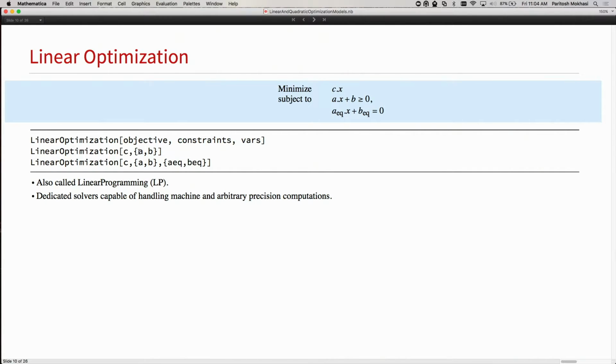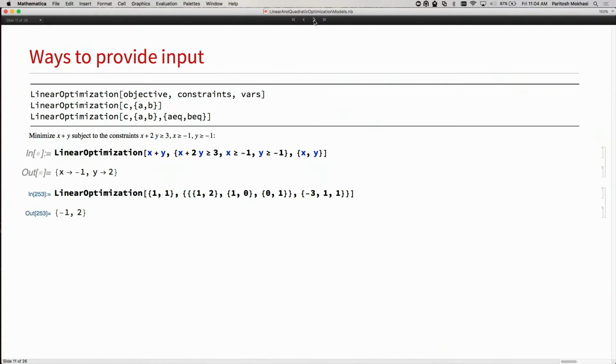We had a function called LinearProgramming for a very long time, and we still do in Mathematica. Optimization is a more 90s name, because we lost rights to programming in the optimization community, and that's why we have linear optimization now. But under the hood, linear optimization makes use of the same functions and libraries to solve the problem.